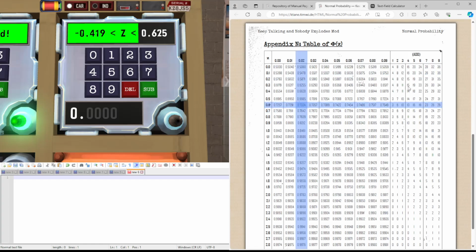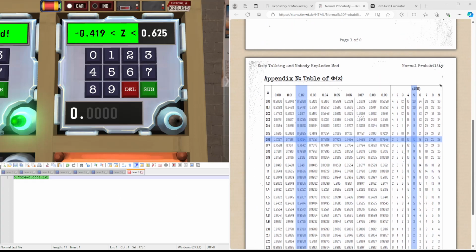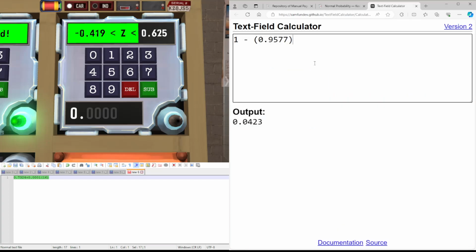0.625. We have 0.7324 plus 0.0001 times 16. And we get this as our first number.